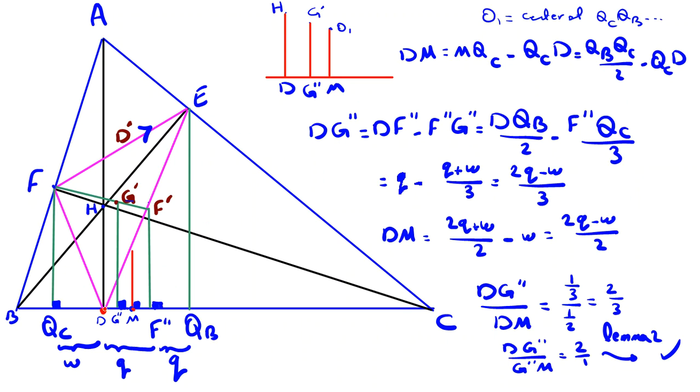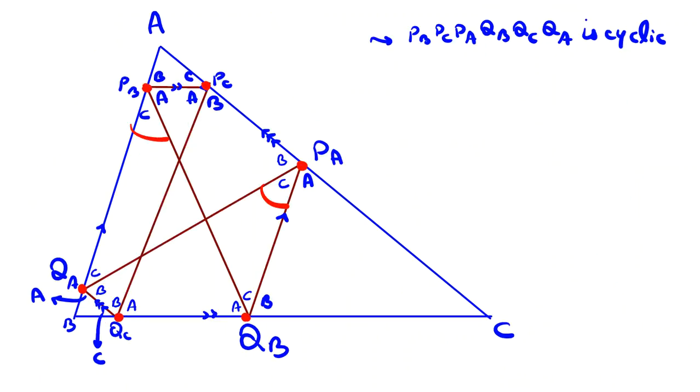Here, if we consider DM, let's see, DM equals what? DM equals MQC minus DQC. Okay, so MQC, because we know it is from the center of this hexagon we draw, it lies on the perpendicular bisector of this line segment QCQB.